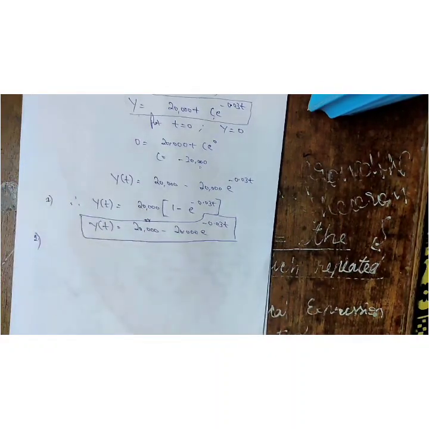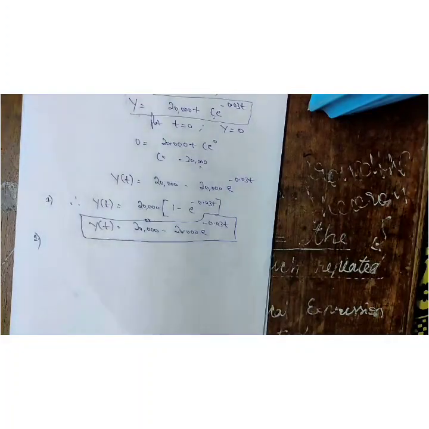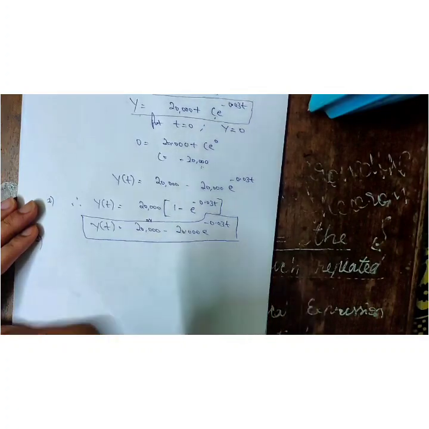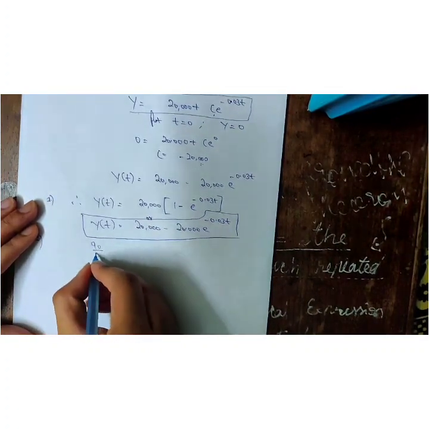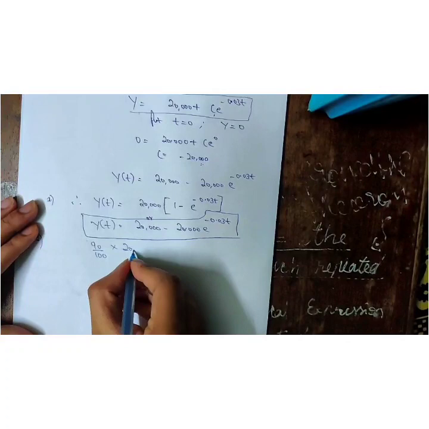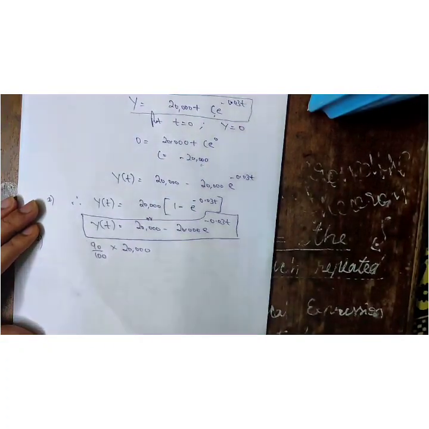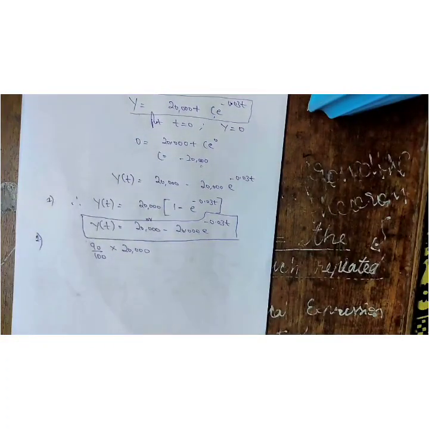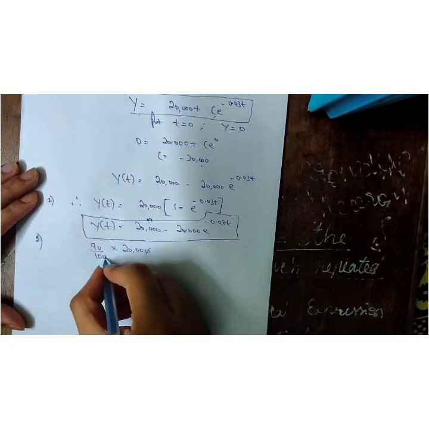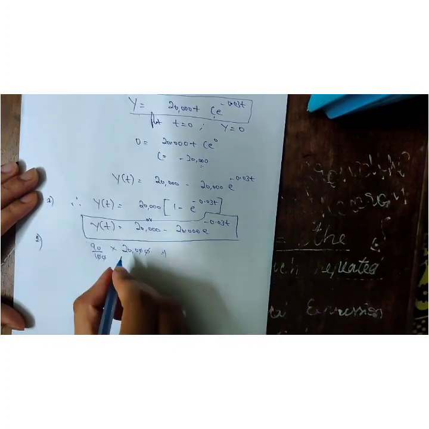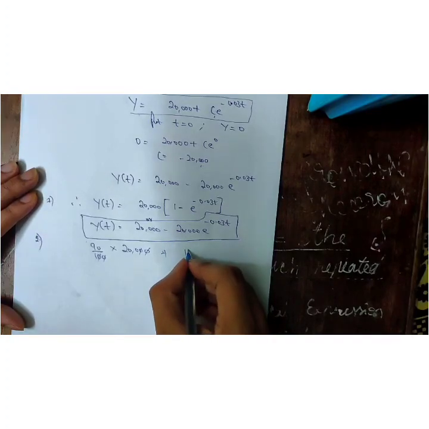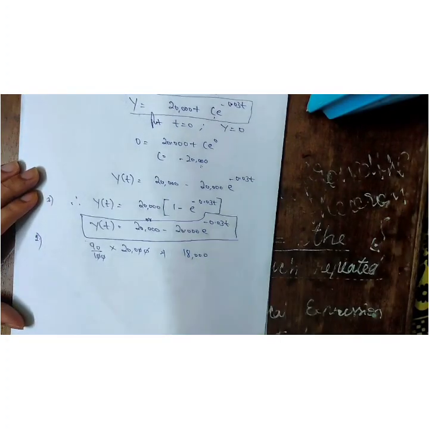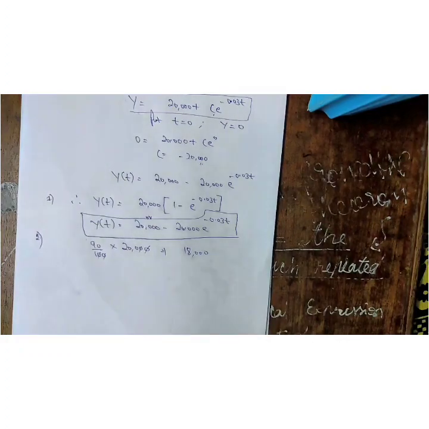Now we have to find the time after which 90% of air will be fresh. 90% of total air, which is 20,000, is, I'll do the rough work, guys. 100 gets cancelled. 200 into 90 is 18,000.